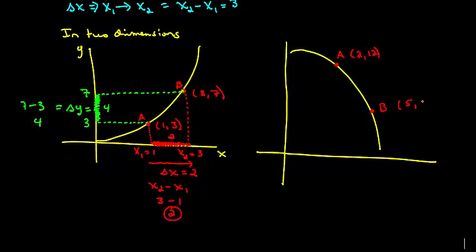We'll just make something up here. Okay, we'll take their image down to the x-axis, and we'll look for this length here, because that is what delta x is. It's the change in the x. So the x variable goes from 2 to 5. So the change in the x is 3.